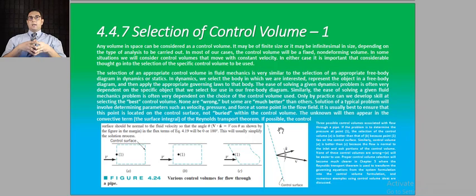All in all, when we want to describe the forces which are exerting on a body, we have to draw the free body diagrams. In the fluid mechanical concept, we're doing the same thing by identifying the control volume and studying the forces which are exerting on the control volume.